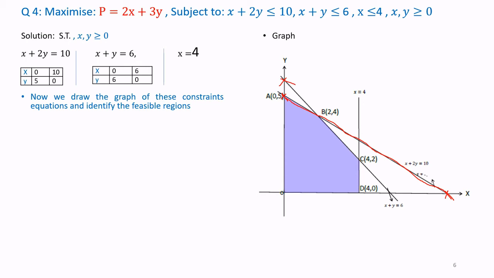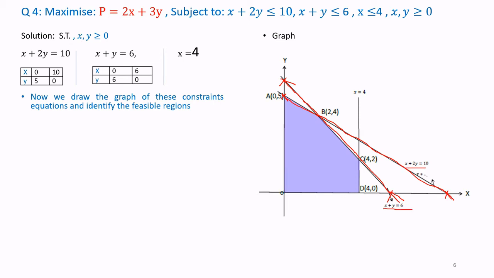And then the next point is when x is equal to 6, y is equal to 0. This point. So you join these two points of the second line and write its equation as x plus y is equal to 6.